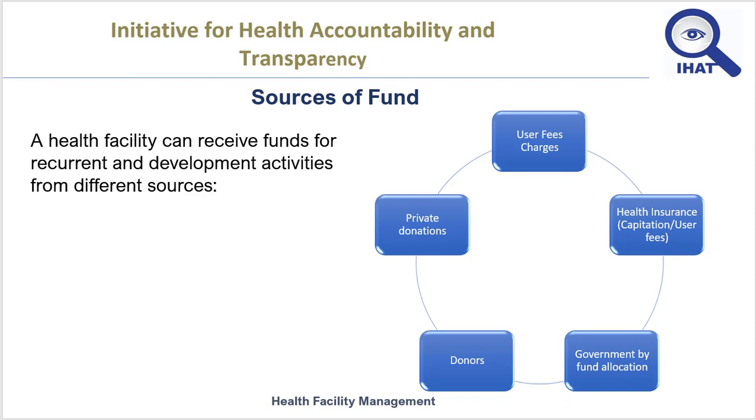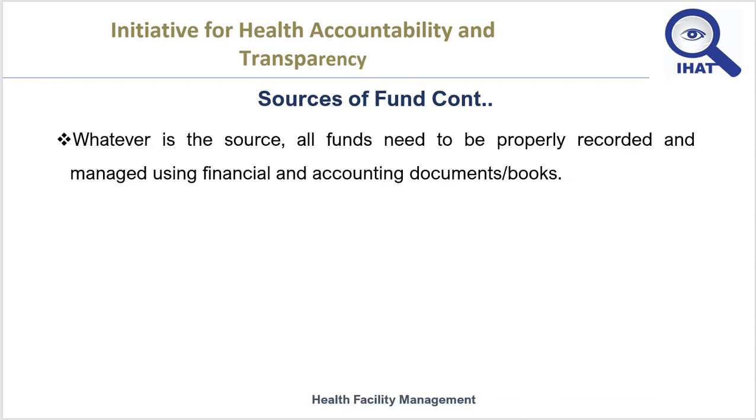There are also donors and private donations that can make funds available for management of health facilities. Whatever is the source, all funds need to be properly recorded and managed using financial and accounting documents and books.